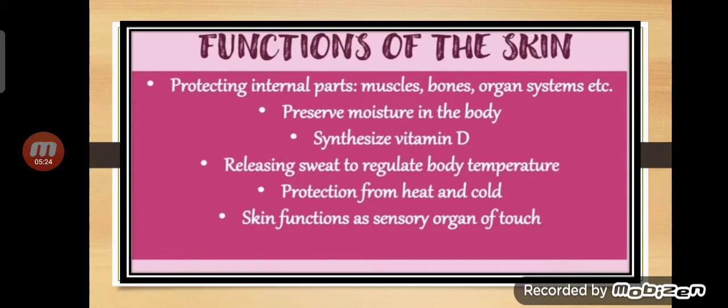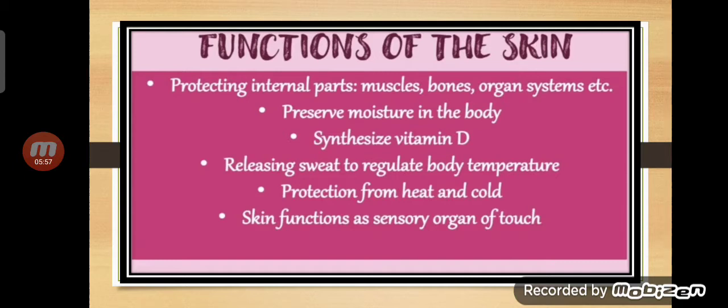So what are the functions of the skin? The skin is there for some purpose only. Mainly the purpose of the skin is protection. The skin protects the internal parts of the body like bones, muscles, organ systems, etc. Bones protect the internal organs, but there should be some layer which protects the bone as well.